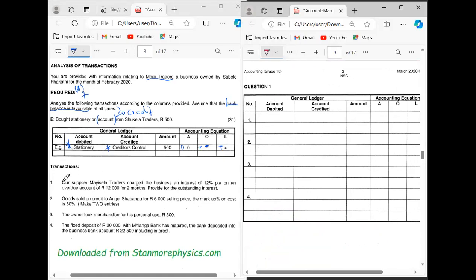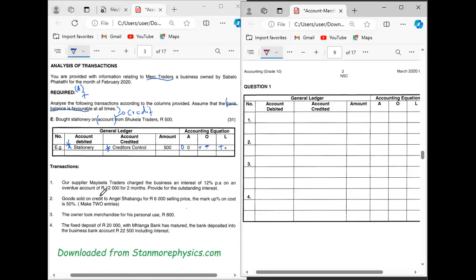Transactions. First transaction: our supplier Maisela Traders charged the business an interest of 12% per annum on an overdue account of 12,000 for 2 months. Provide for the outstanding interest. Guys, whenever you come to this kind of transaction, you need to read with understanding.